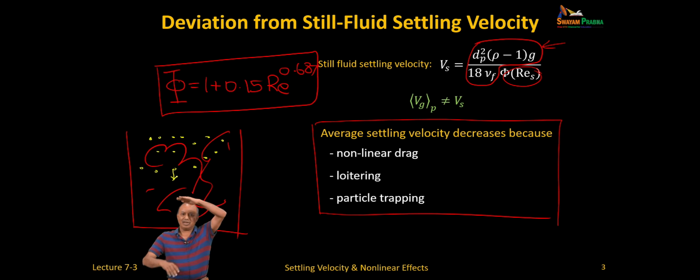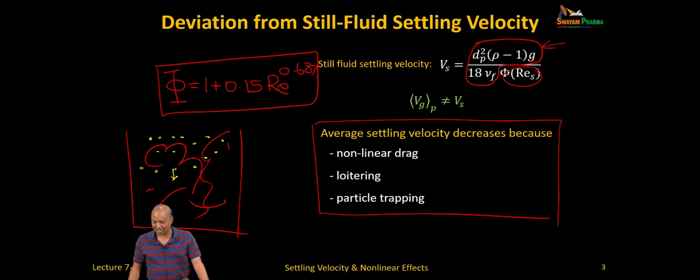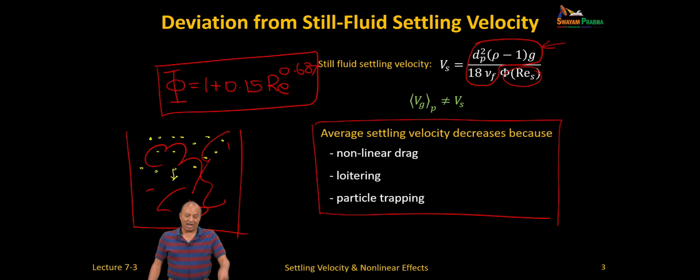You find how long it takes for the particle to go through some depth, or you measure the settling velocity of every particle and average, or track particles. It does not matter. You are finding some average settling velocity, and you want an average because you are in a turbulent flow, where things are changing.